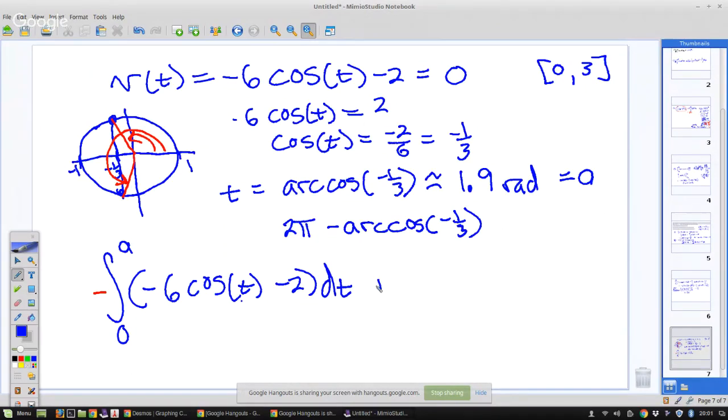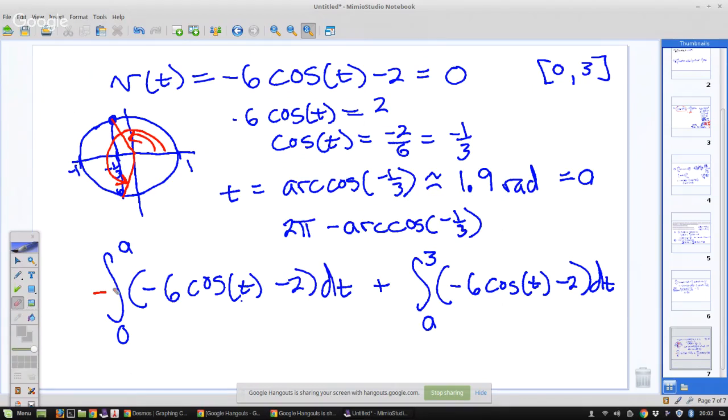Then I'm going to add on the integral from A to 3 of the original function, 6 cosine of t minus 2. And there's really no other way to deal with it because absolute value of a function is complicated. You've got to break it up into the positive portions and the negative portions. The nice thing here is that negative flows through there.